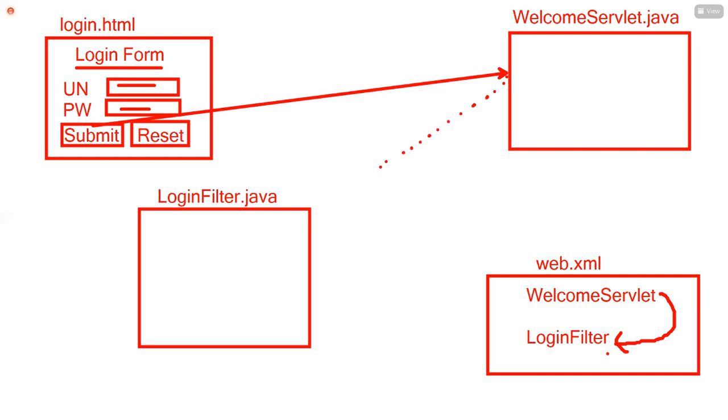So actually the request came to the welcome servlet. But what has happened now? The login filter executed. This username and password are received here, because that request only is coming here, no?